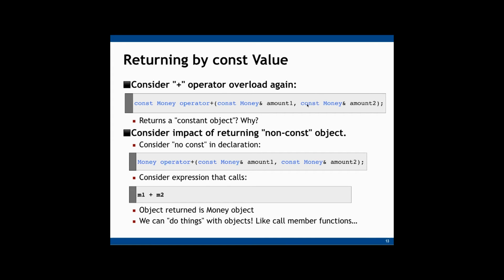It receives two arguments, which is not difficult to understand, and it returns a new object of the money class type. Very logical because it's the plus operator. It adds the two given objects and returns the result. But why does it have to be a constant value?